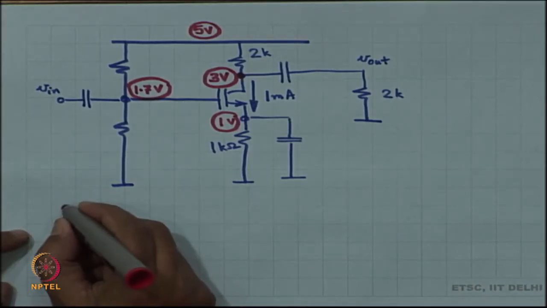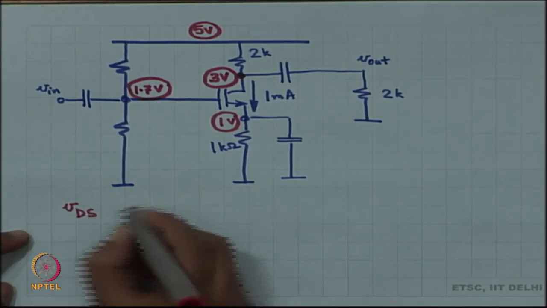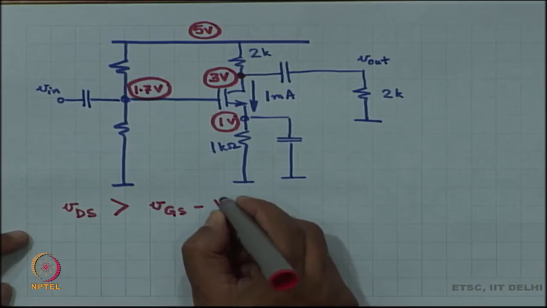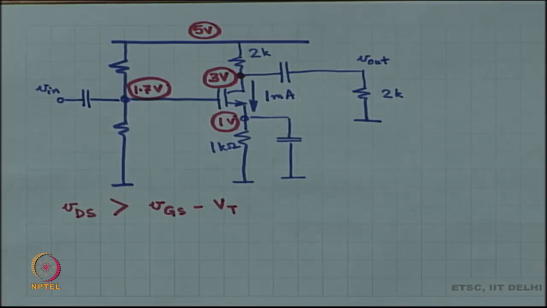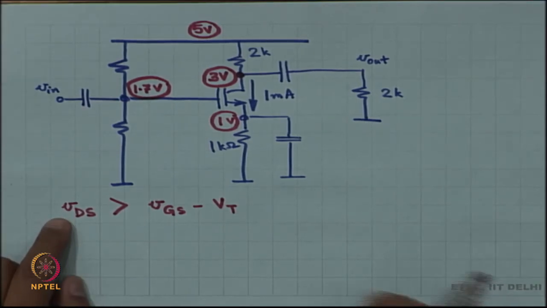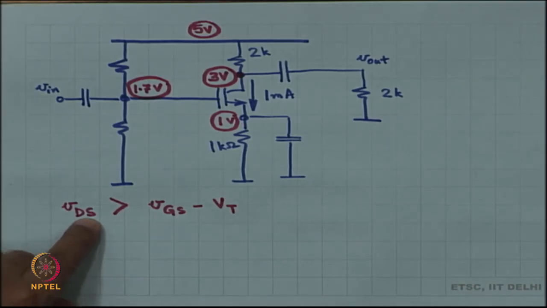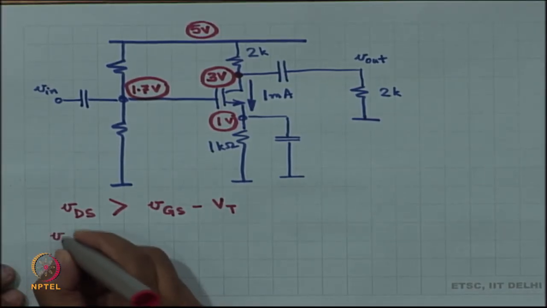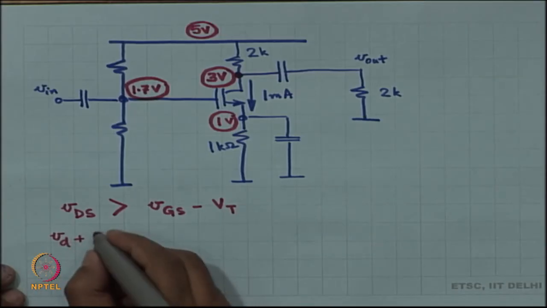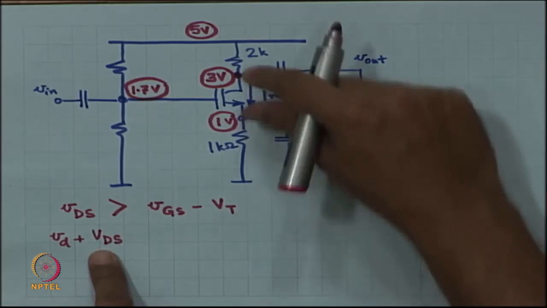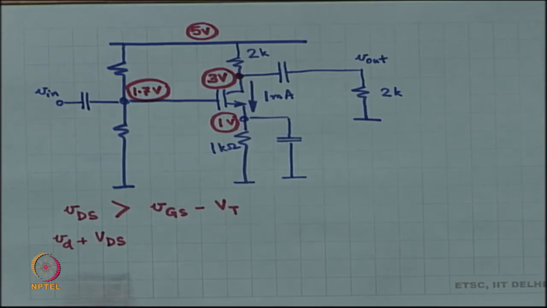Now, once again VDS has to be more than VGS minus VT at all times. VDS is comprised of drain voltage and source voltage. Source voltage is fixed at 1 volt, there is nothing. Where VDS is 2 volt in this case.